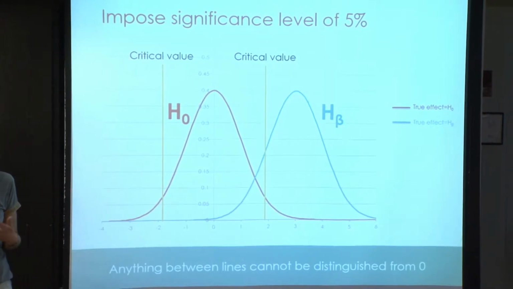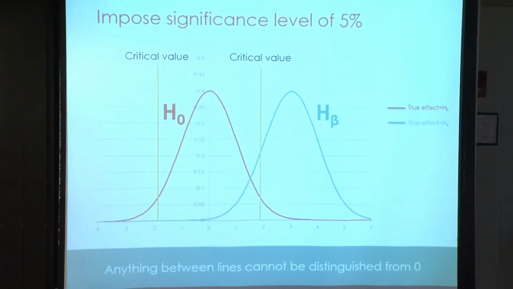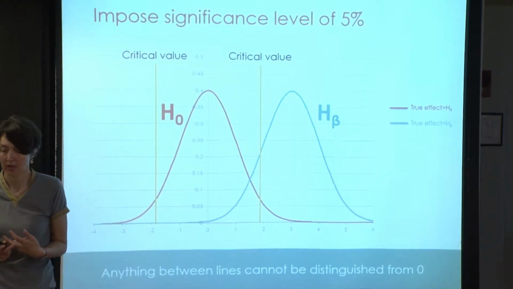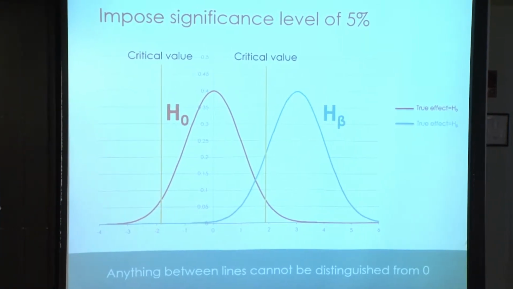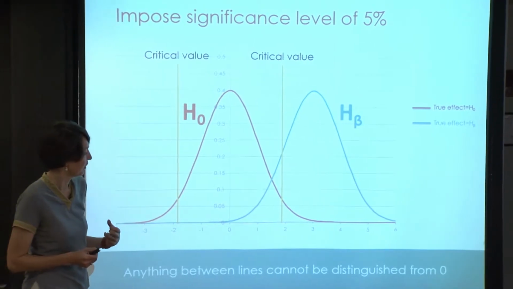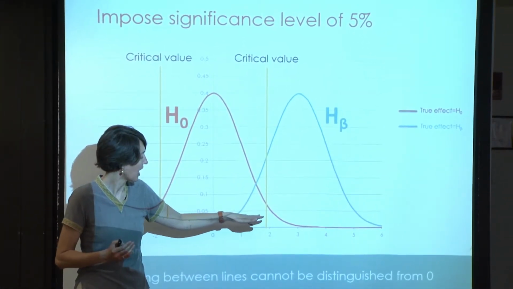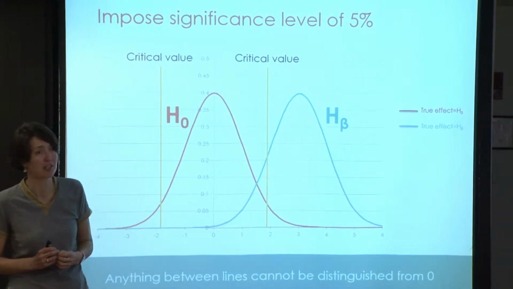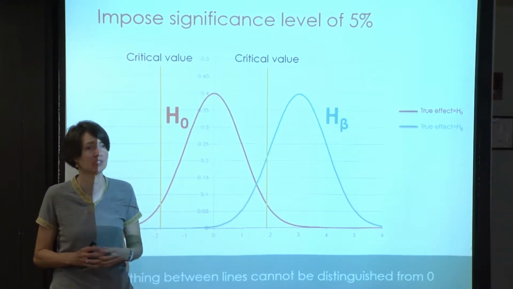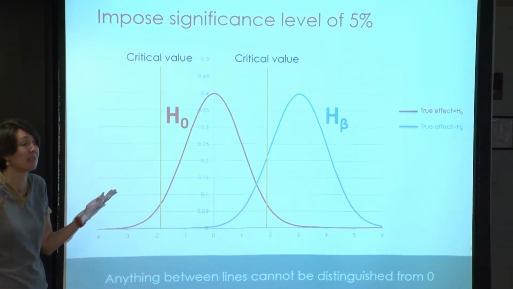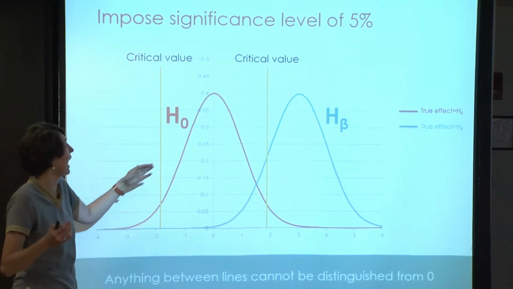Traditionally, we use a significance level of 5%, which means something is only seen as significant if there's only a 5% chance that it came by chance. There's only a 5% probability that we got it by chance.